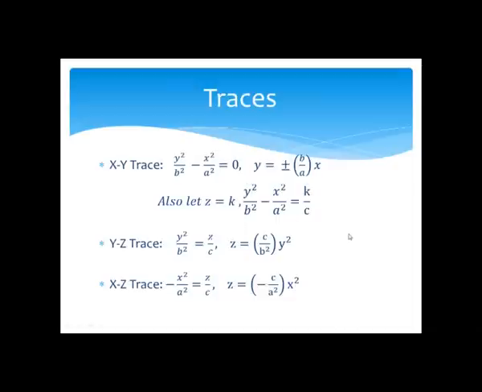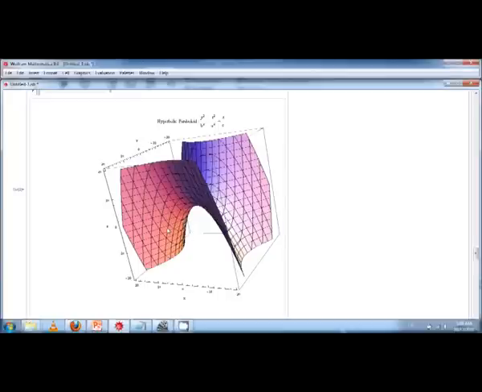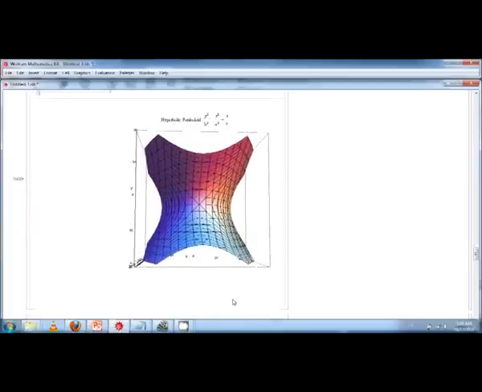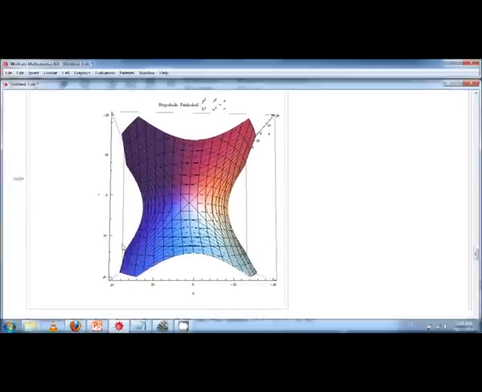To find the yz trace, simply equate the x variable to 0. Doing this will result in a parabola equation. For the xz trace, a similar case is found. So this is the graph of the hyperbolic paraboloid. As you can see in the xy trace, you can see two hyperbolas here.